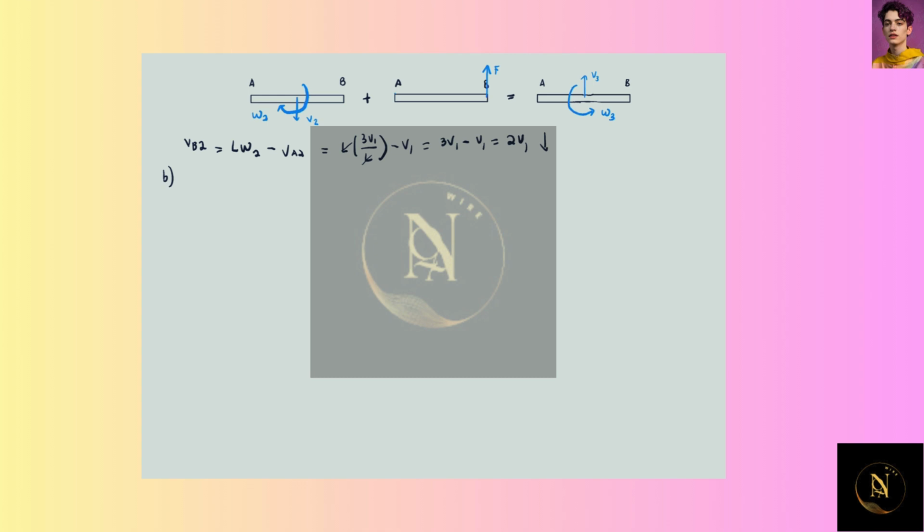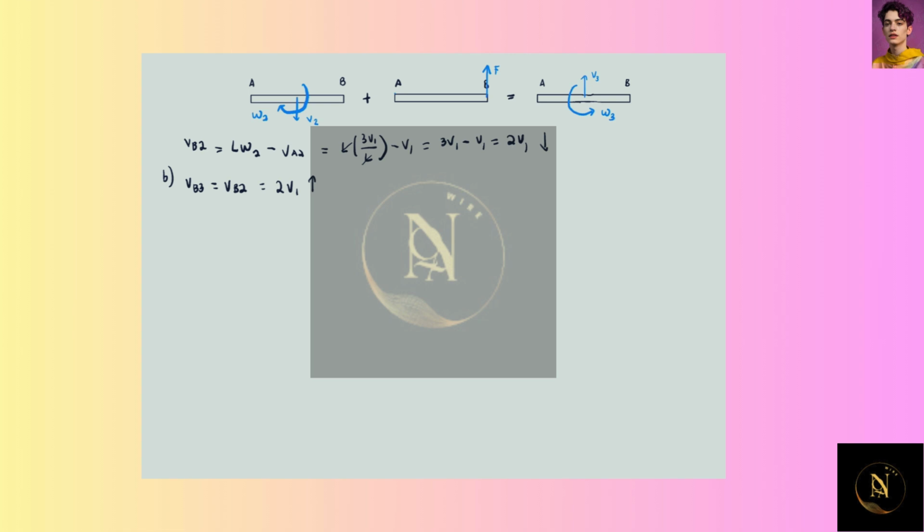And again, since our e is equal to 1, vB3 is just equal to vB2, but in the opposite direction. So that would be 2V1 upward.